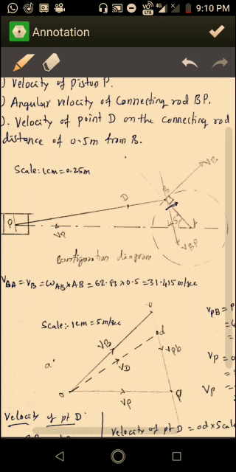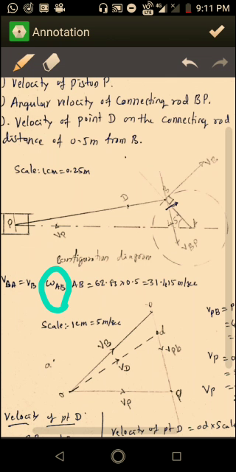So VB is the velocity of B with respect to fixed point A, that is VB equals omega AB into AB. Omega AB is calculated as omega equals 2 pi N divided by 60.